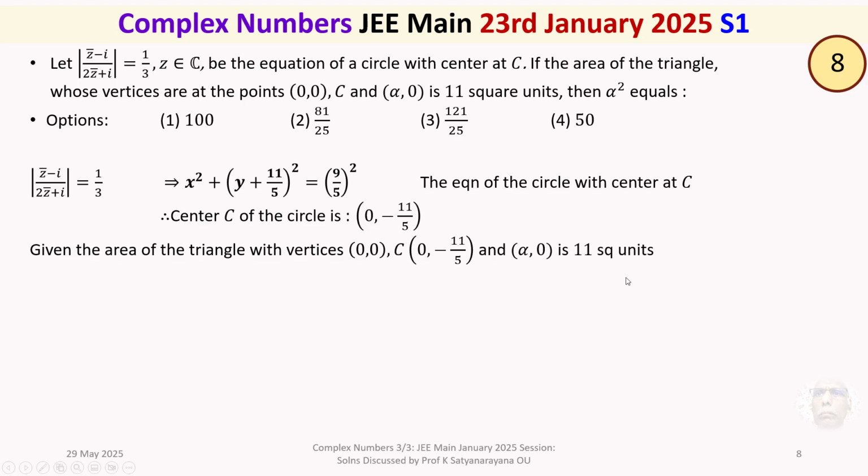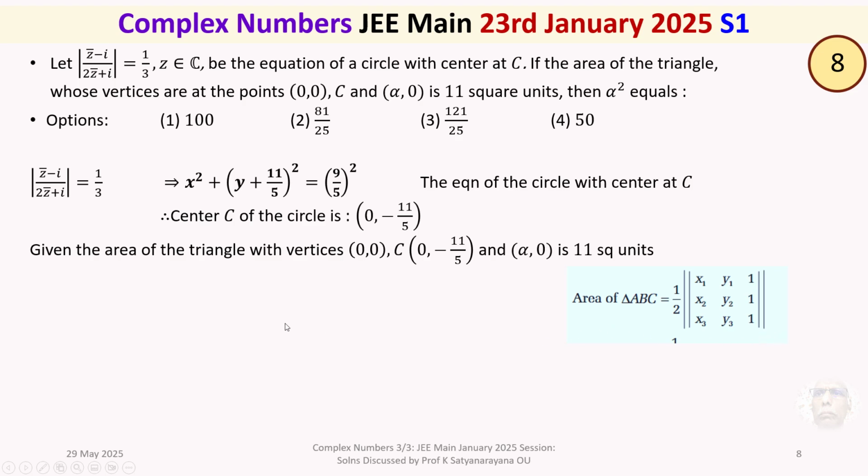Now let's recall the area of the triangle ABC, where the coordinates of A, B, C are respectively (x1, y1), (x2, y2) and (x3, y3), is given by 1 by 2 into modulus of the determinant, first row x1, y1, 1, second row x2, y2, 1, third row x3, y3, 1.